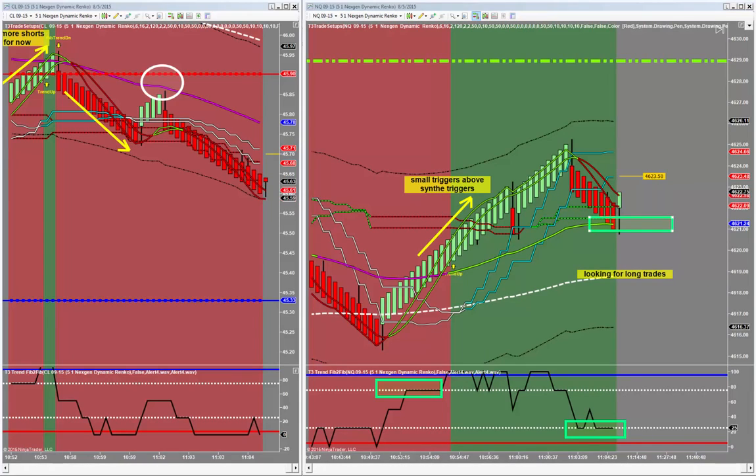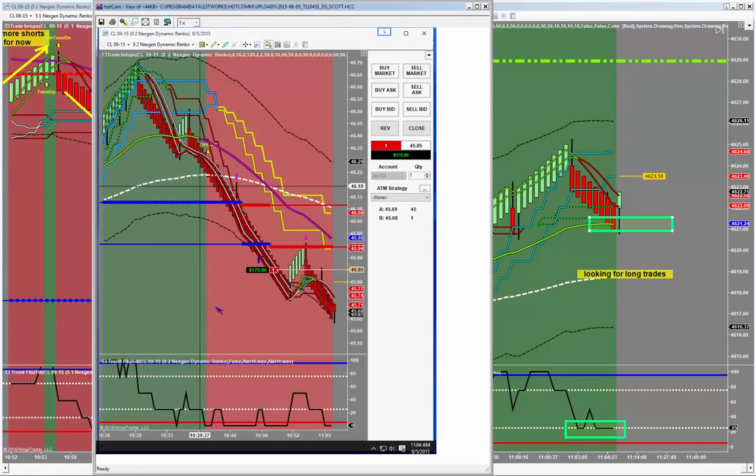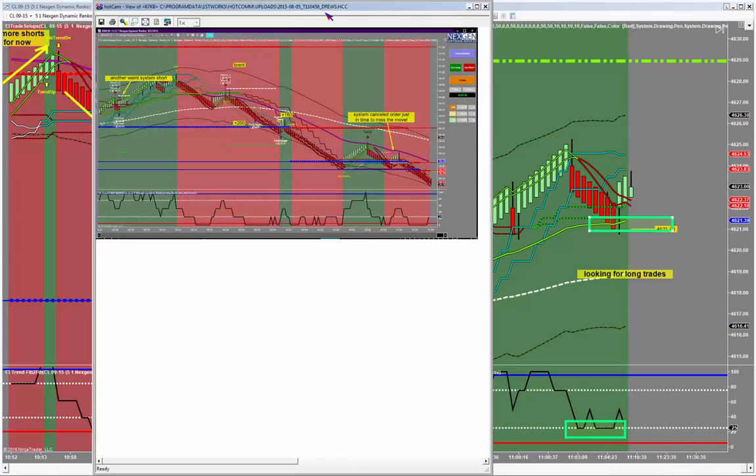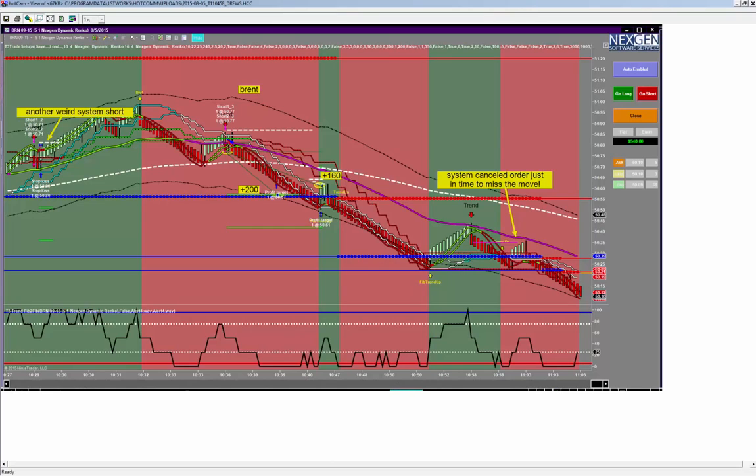All right, Scott, you did get short on crude, and I guess you remain short. Drew, let me see what you did. All right, so trend trade short. I think we looked at that one. So trend trade short into support anyway.